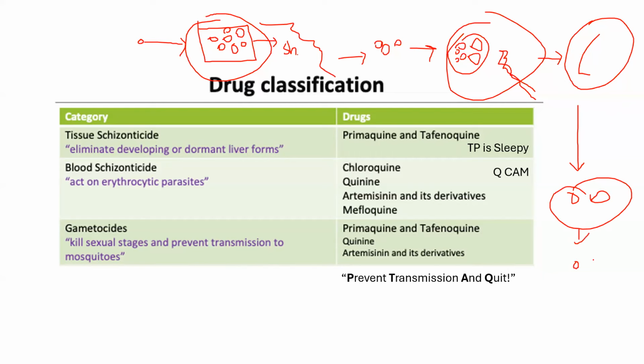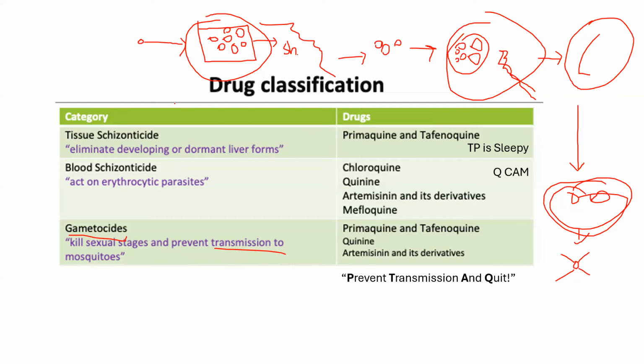My art is really bad, but this is the mosquito. When the mosquito draws the blood of an infected person, what it's taking with it is the gametocytes. So the gametocytes are what cause the transmission to the mosquitoes. Now let's go through the drugs now that we know the cycle.